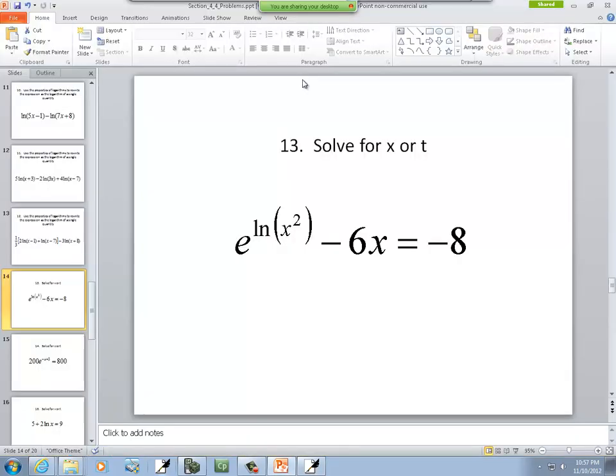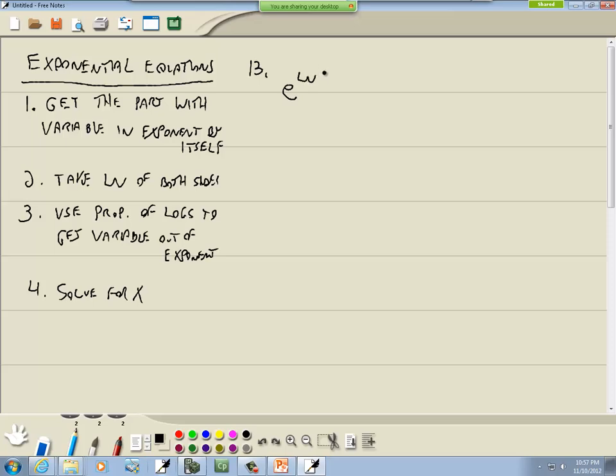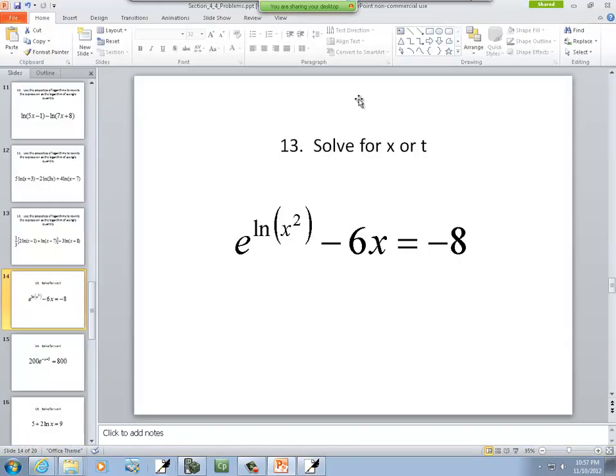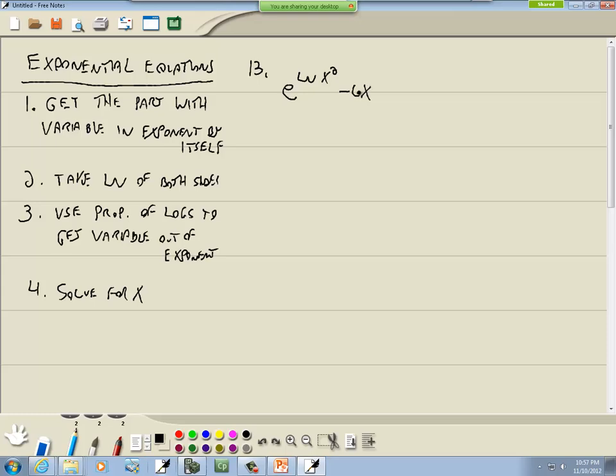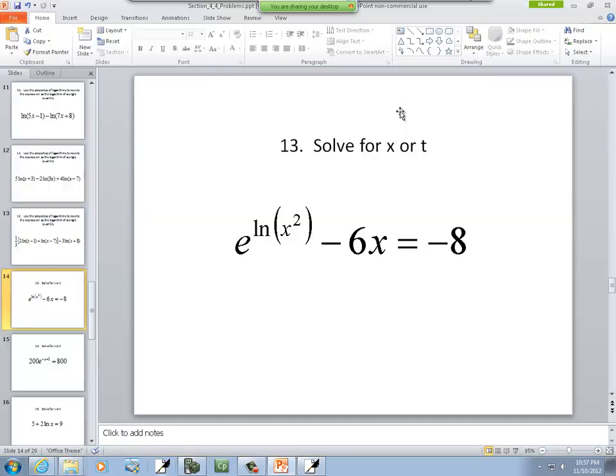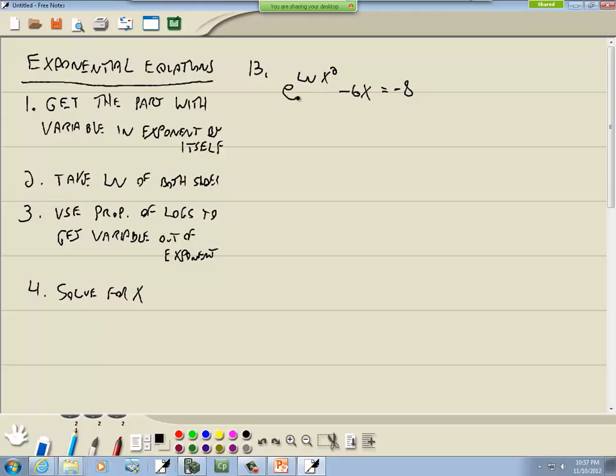So let's look at our first problem here. Equals -8. And the instructions are solve for x or t, depending on what variable you have. Well, remember we saw this earlier.